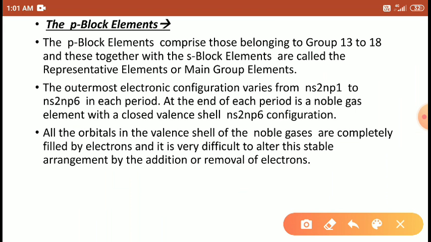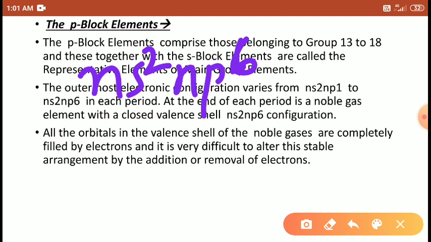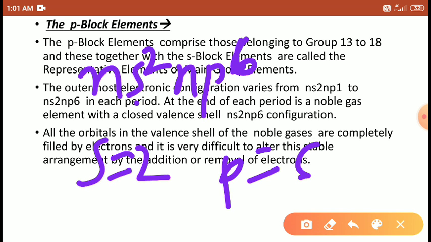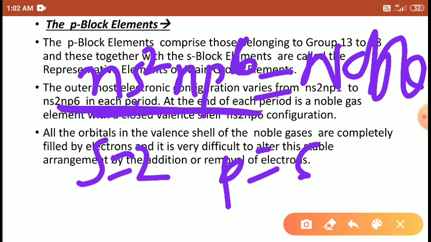All the orbitals of the valence shell of the noble gases are completely filled, a stable arrangement, and it is very difficult to remove additional electrons. In the noble gases the electron configuration is ns2 np6: s has 2 electrons and p has 6 electrons, so it is completely filled.